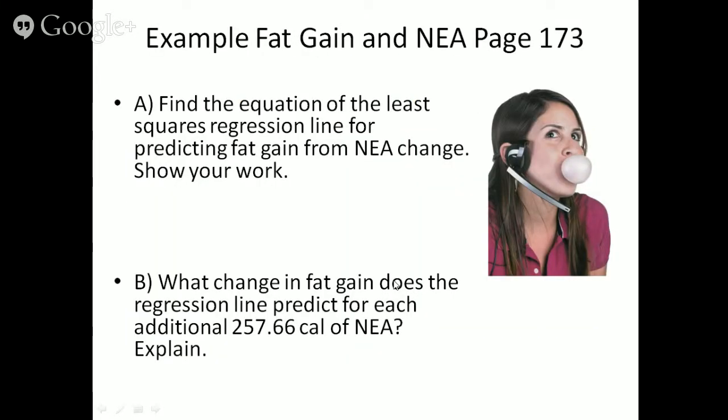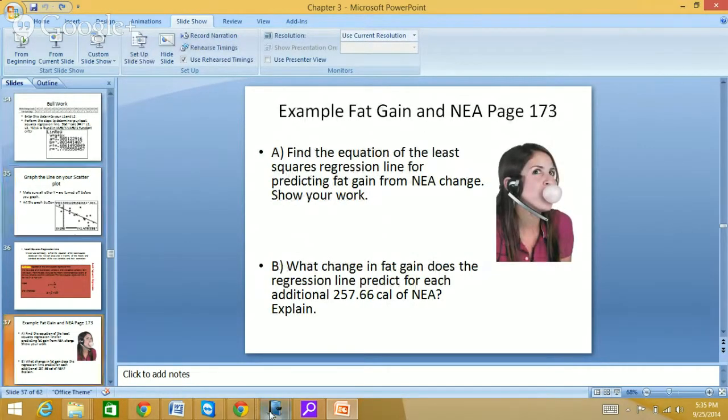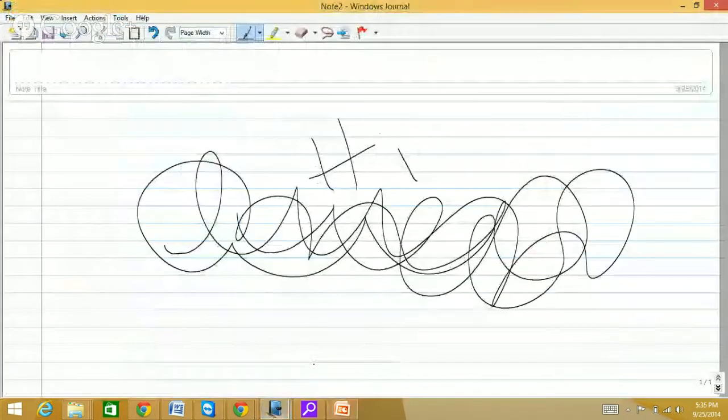So turn to page 173 and look at the example fat gain and NEA. A says find the equation of the least squares regression line for predicting fat gain from NEA change. Show your work. So let's go ahead and do this. Let me see if I can actually pull up a clean sheet here. Look at that. That was me practicing. It was pretty awesome, huh?